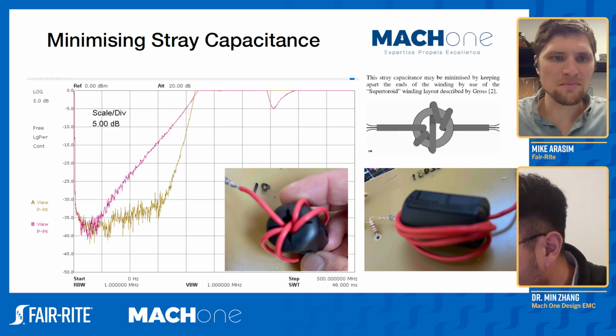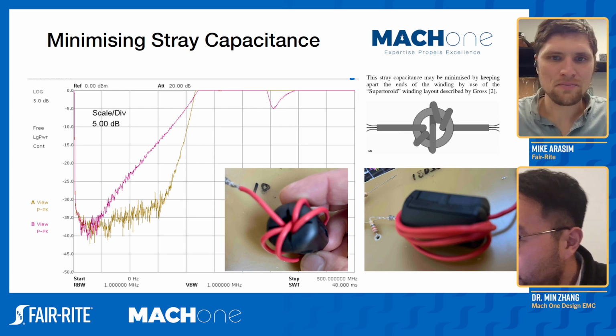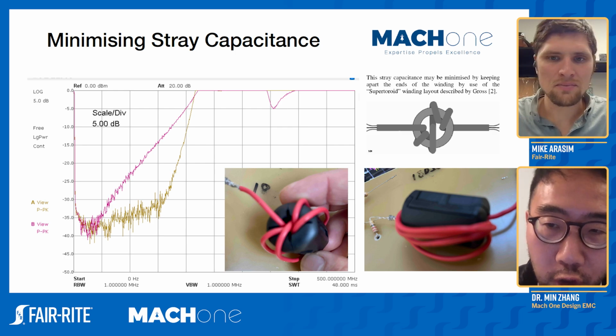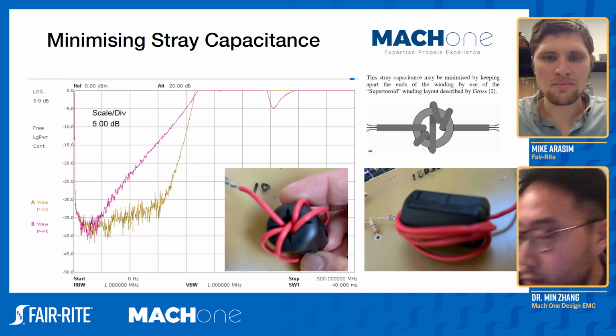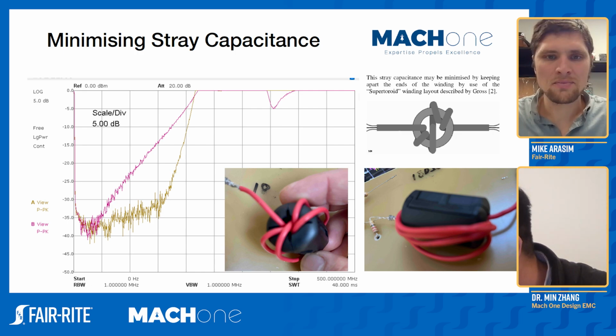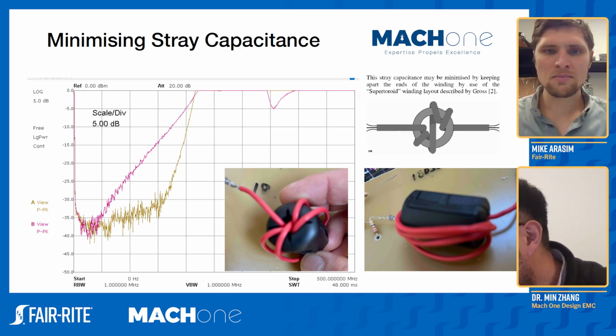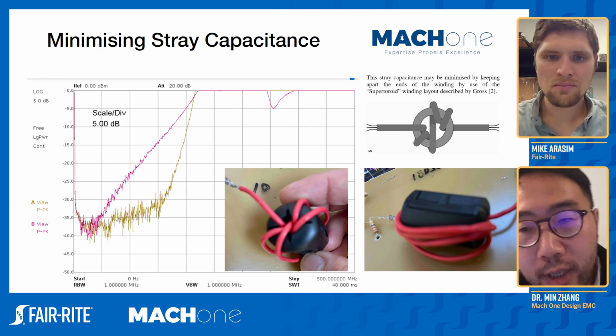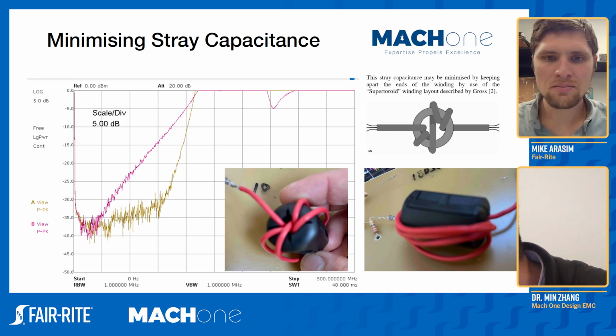And the reason for that is because if you look at this winding, the maximum voltage of the winding really is between this point A and point B. And by having them separated apart, they have the longest distance between these two parts.